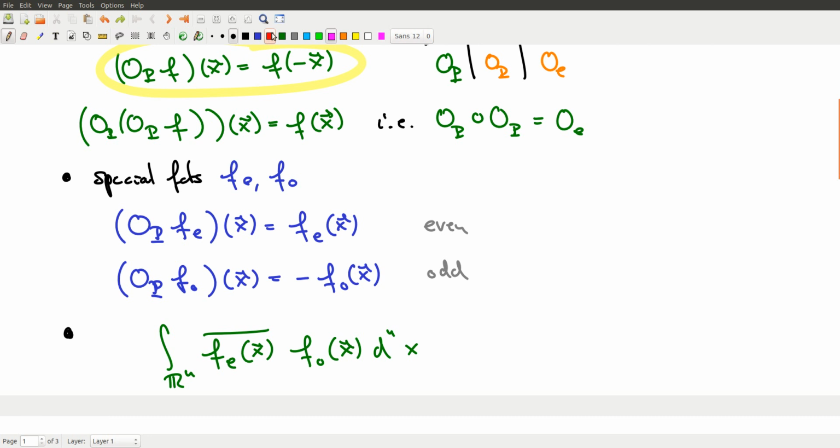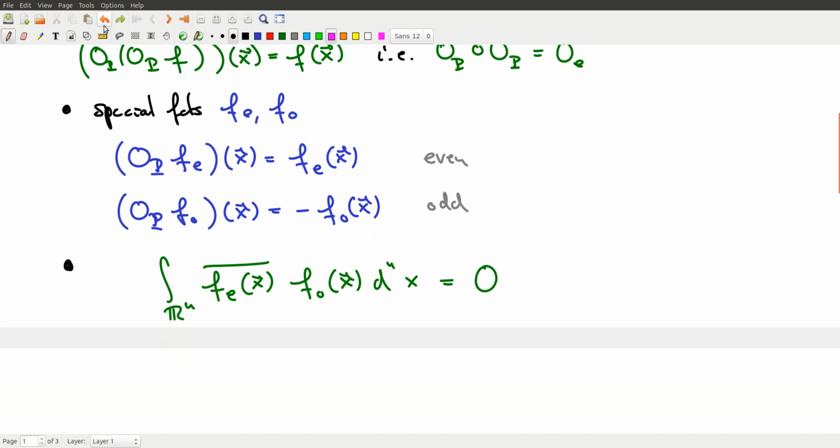Then we know immediately that this integral is 0, because if we change variables here in this integral from x to minus x, we just get an overall minus sign here. So it's equal to minus itself, means it's 0.